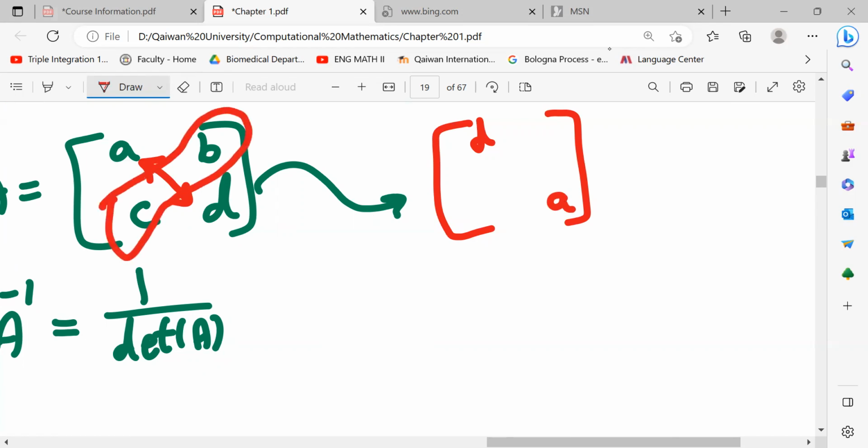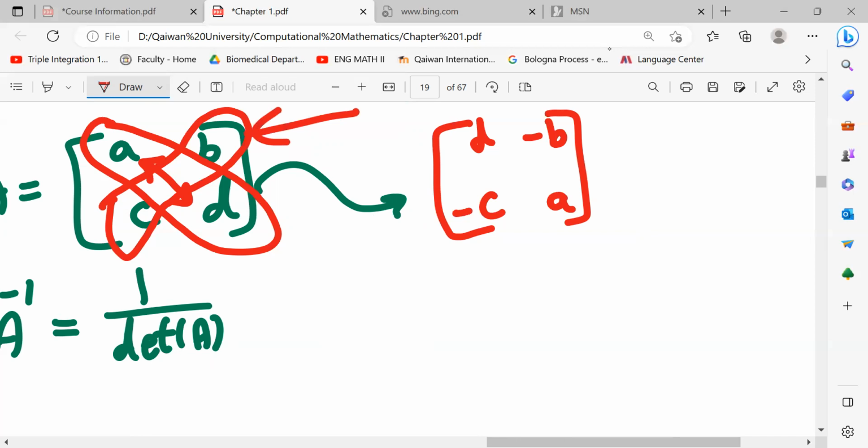If they are negative, we make them positive, and if they are positive, we make them negative. This is minus C, minus B. As you see, we interchange these two without changing their sign, and we change the sign of these two. That's all that we do on the matrix A.